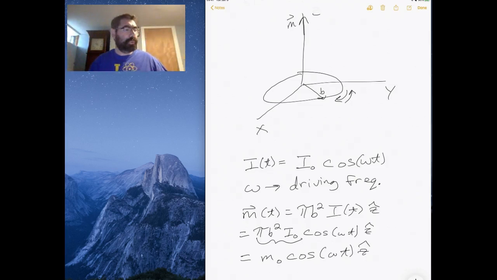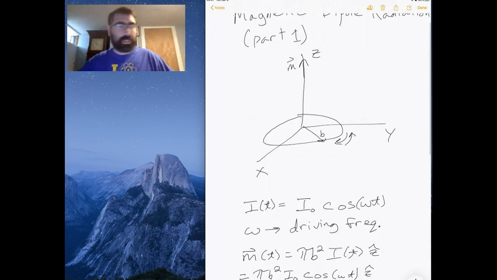Okay, so let's put some more parameters to this. We are going to measure the magnetic field and the electric field at some point in space out here. I'm going to orient it in such a way that that point sits in the XZ plane.